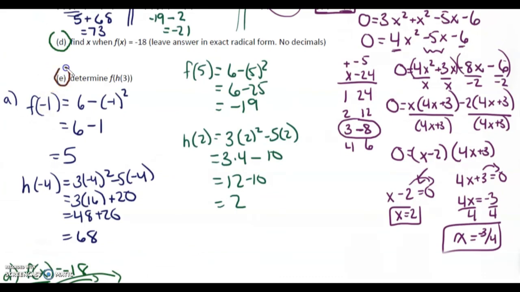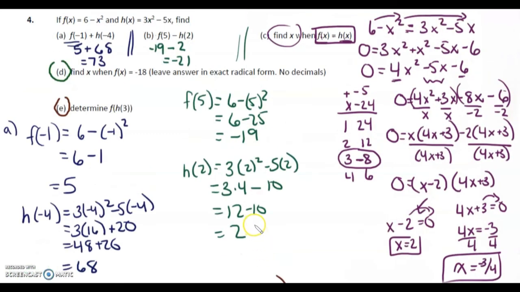Okay, now E. Determine f at h at 3. So let's take a look at these. f at h at 3. I'm going to first solve for h at 3. I'm going to get a number, and then I'm going to solve for f at that number. Okay, so h at 3, 3x squared minus 5x.